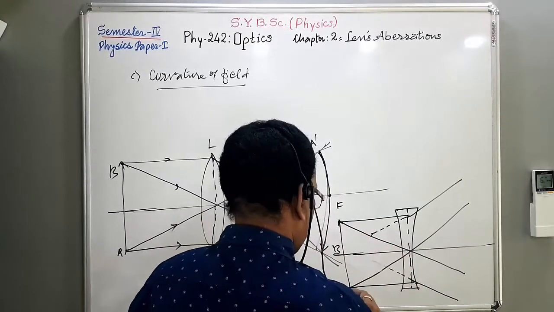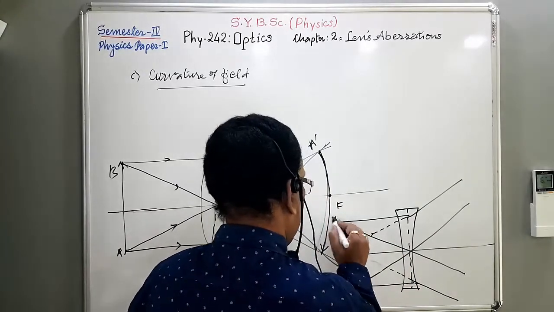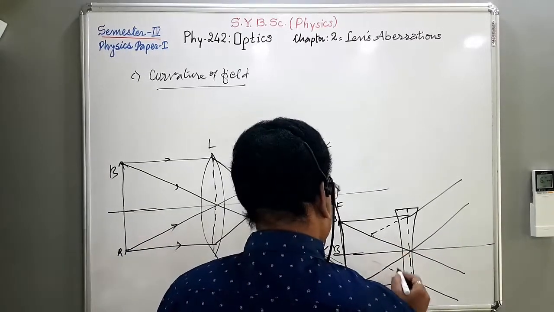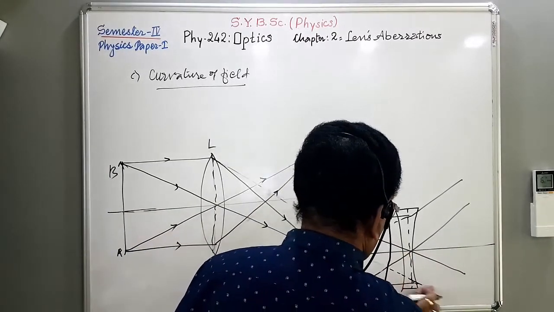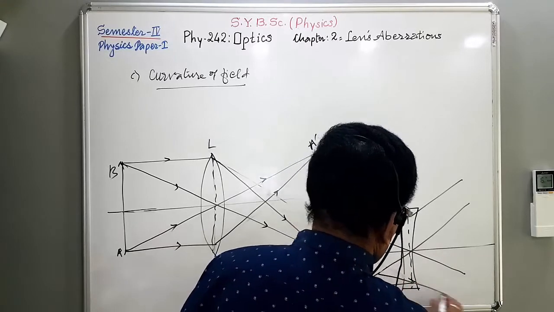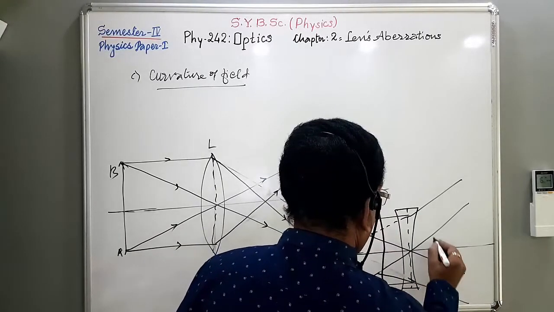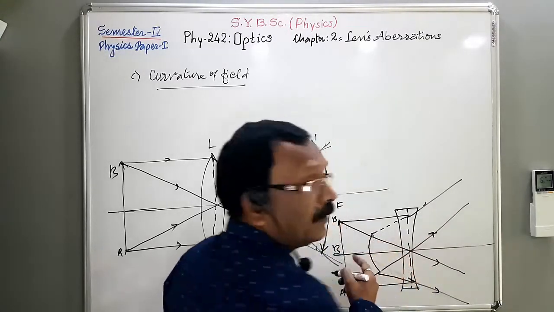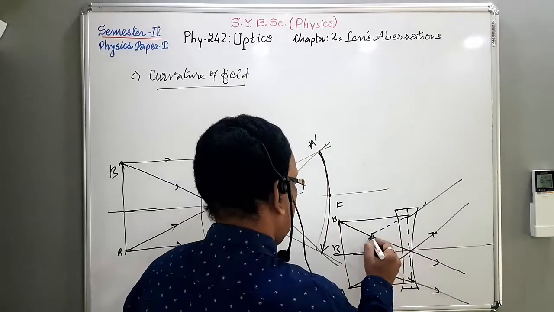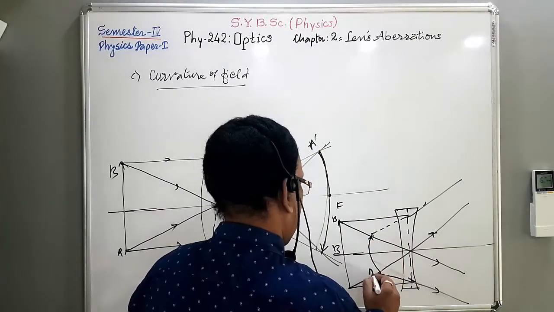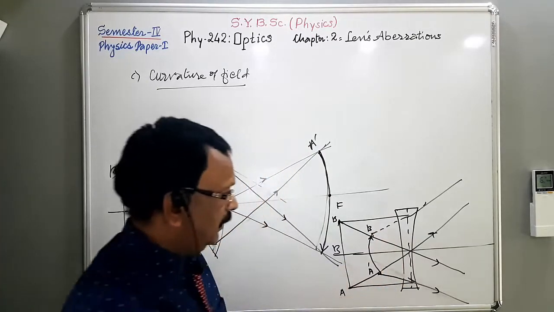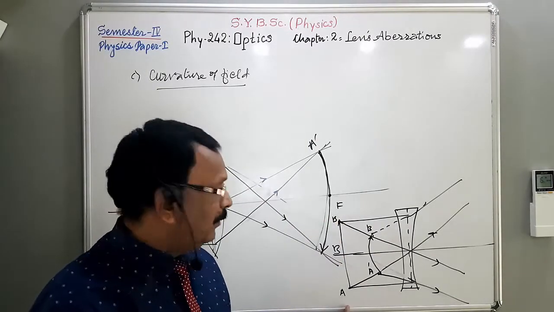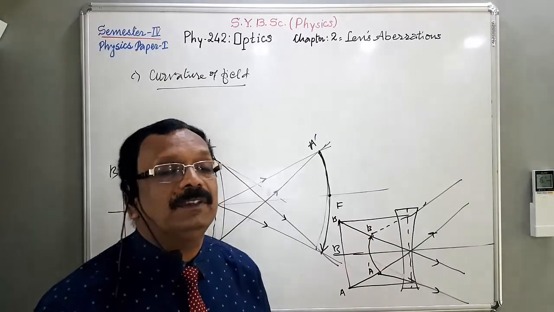This is the object AB, which is a flat extended object. Here we will get the image like this, A prime and B prime. The object is extended but flat, but the image has curvature.